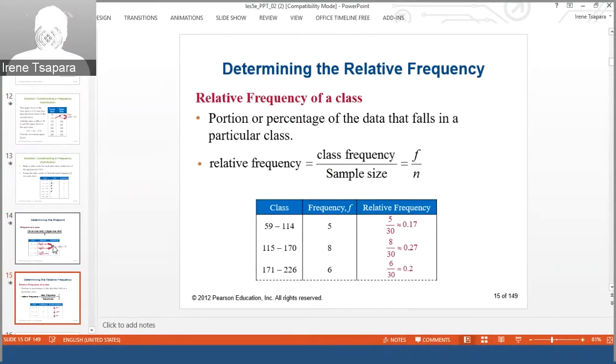Or if you want to describe it in another way, it is the probability that if you choose one GPS out of the entire data set, this GPS will have a price that will fall in the specific class. Okay, so there are many different ways of expressing what relative frequency is.